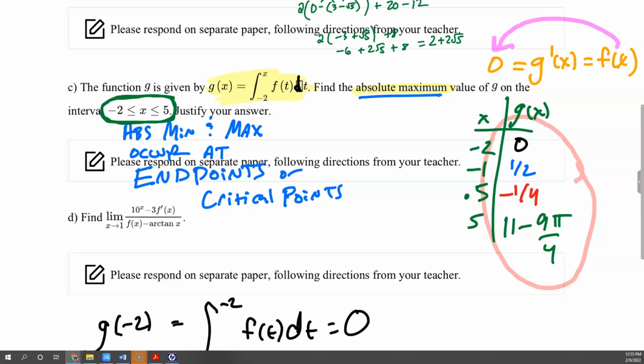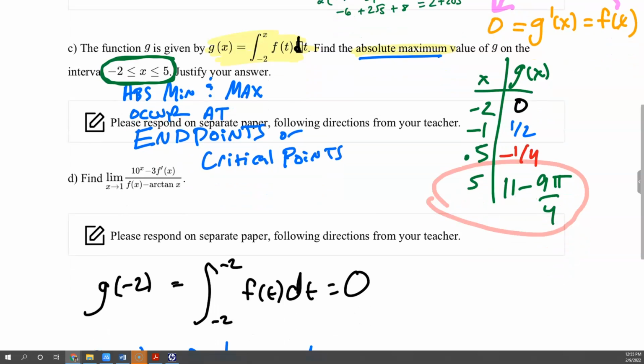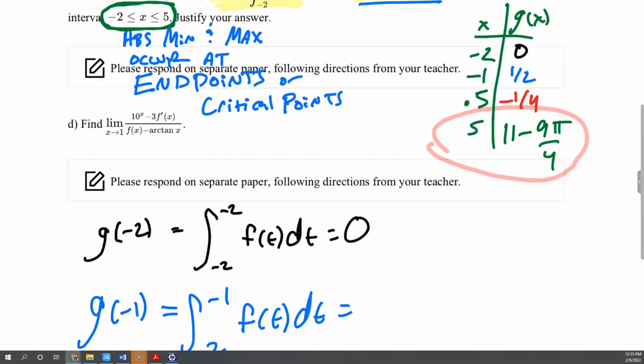Let's estimate. 9 times 3 is 27, divided by 4 is about 7. 11 minus 7 is still bigger. If it's no calculator, it'll be something you can reason out. So that is my absolute max.